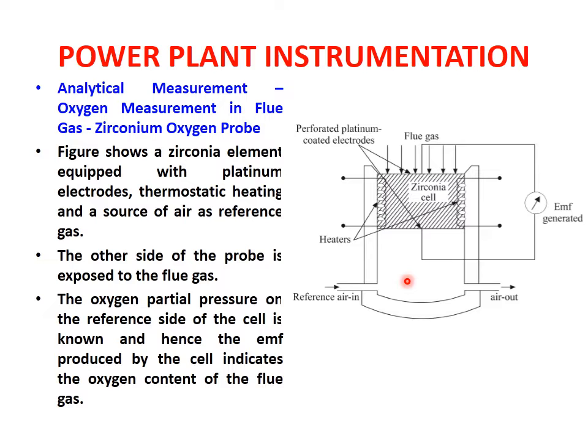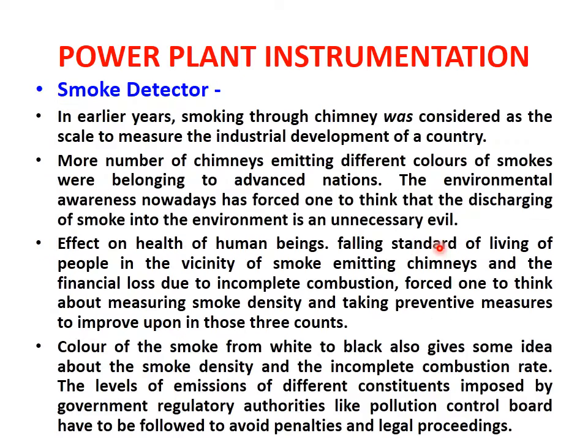So as we have seen in the working of this zirconium cell, the basic working fundamental is that through this zirconium cell we pass the flue gas, and the cell generates an EMF, and the output signal will give us the measurement of the oxygen in the flue gas inside the system.